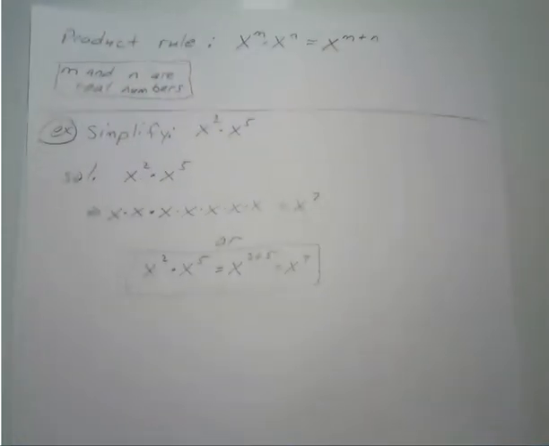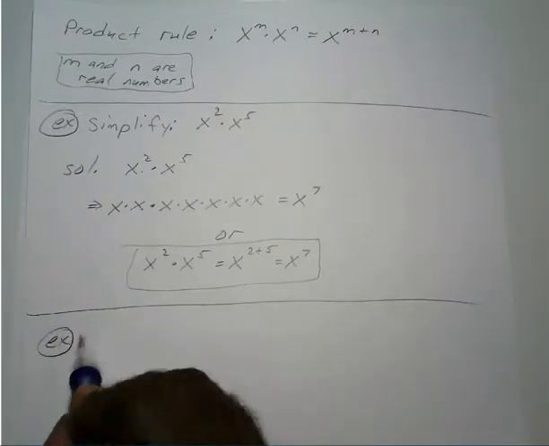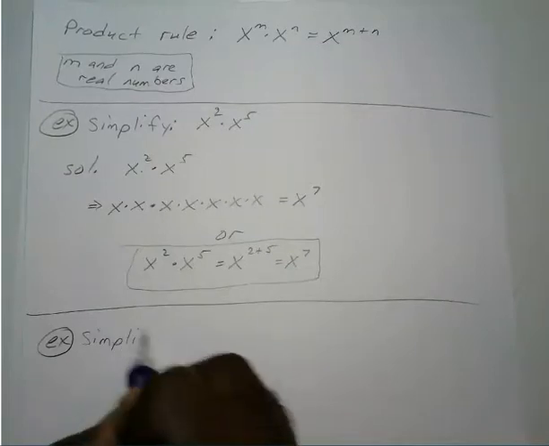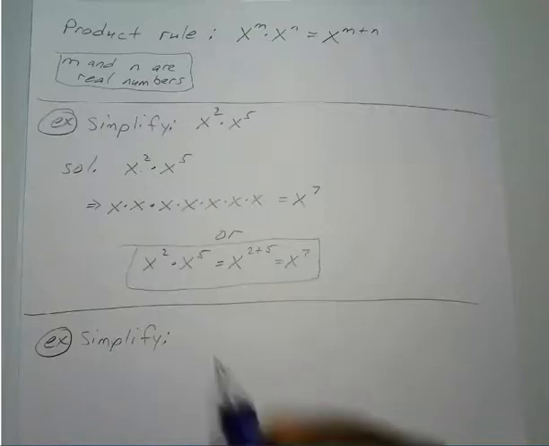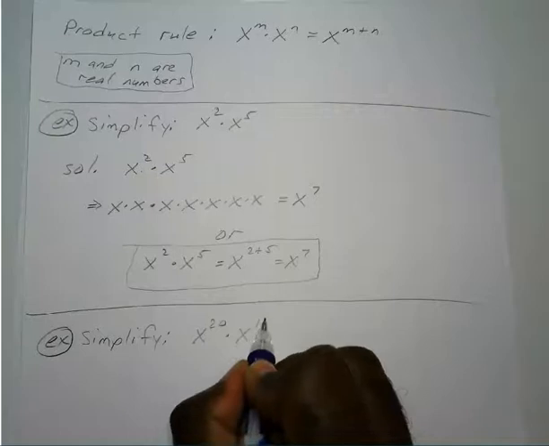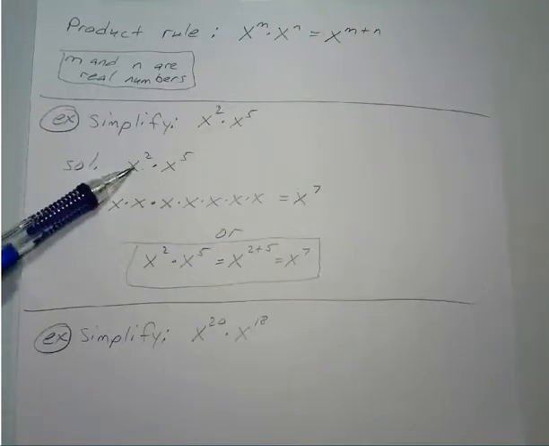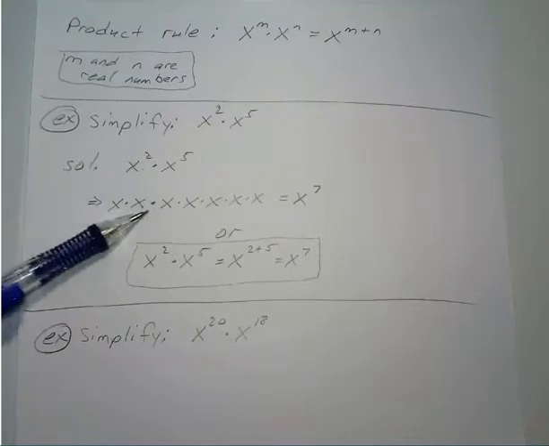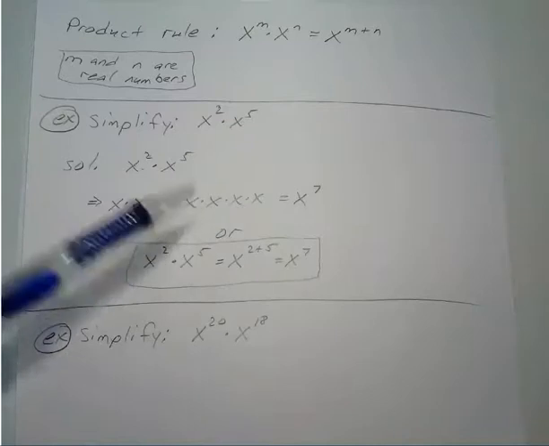Alright, so let's say, for example, we wanted to simplify x to the 20th power times x to the 18th power. If you wanted to solve it like you did up here, you'd have to write x times x times x 20 times, then do it again another 18 times, and then add all those together.